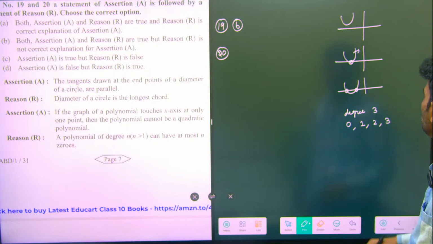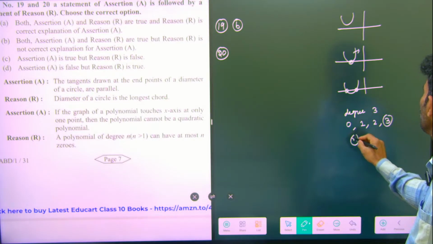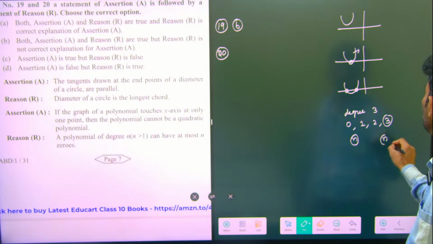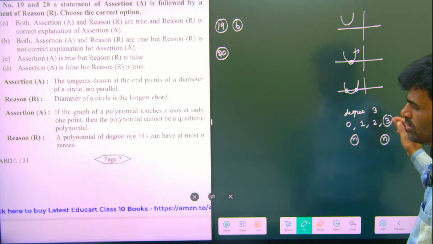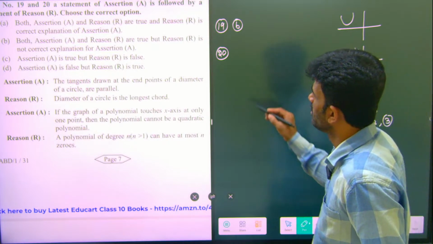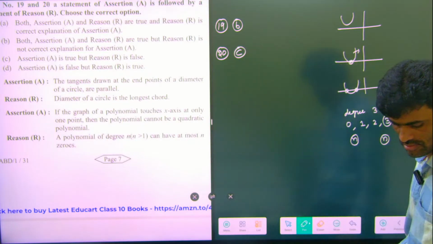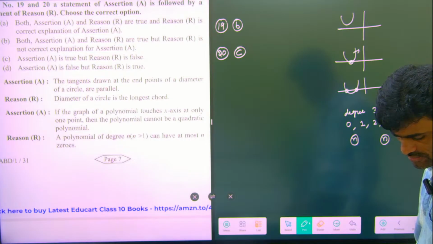It cannot have more than 3 zeros. So at most 3. Degree is n, number of zeros are at most n, means 0, 1, 2, 3, highest n zeros it can have. So assertion is false, reason is true. Option C is correct. Hope you understood this.